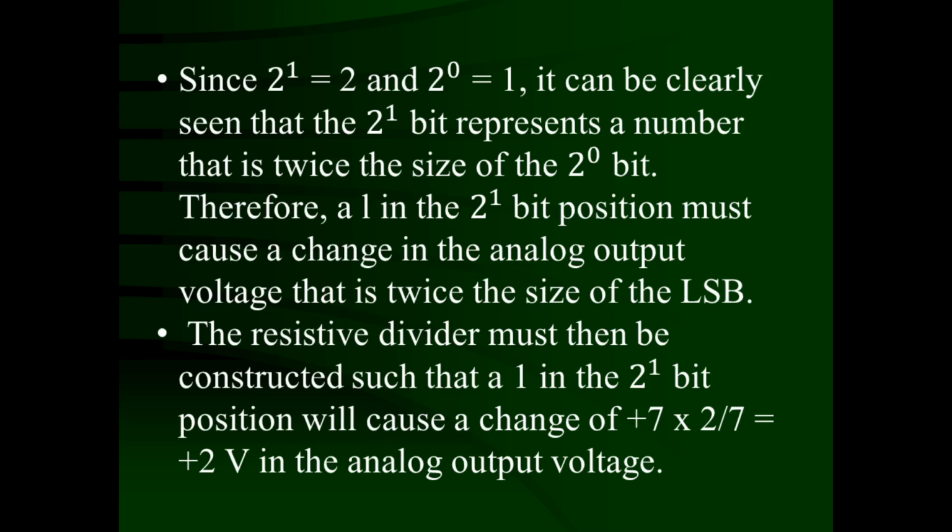That means if 1 is in the 2 raised to 0 position, that will give a corresponding output voltage of 1 volt, and 1 in the 2 raised to 1 position will provide an output voltage of plus 2 volt.